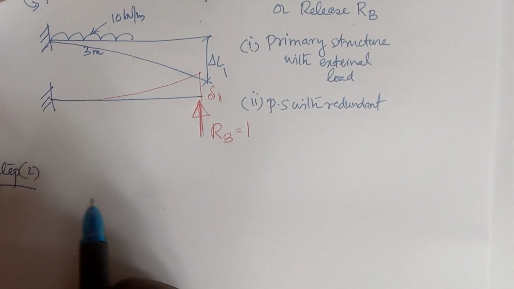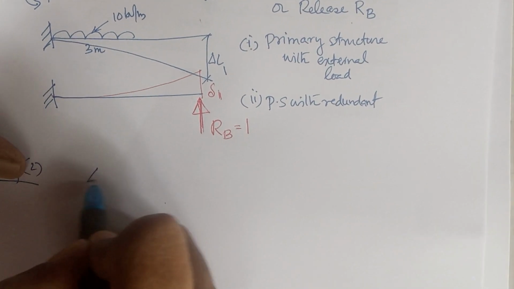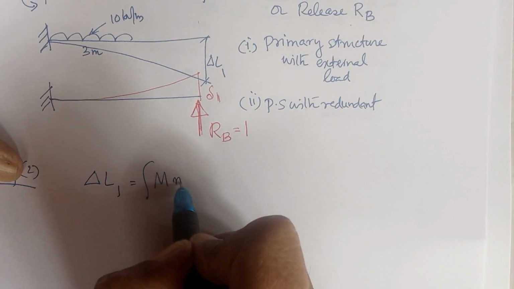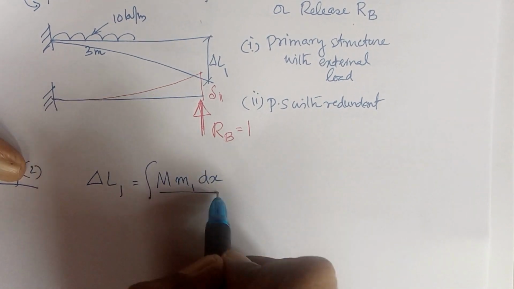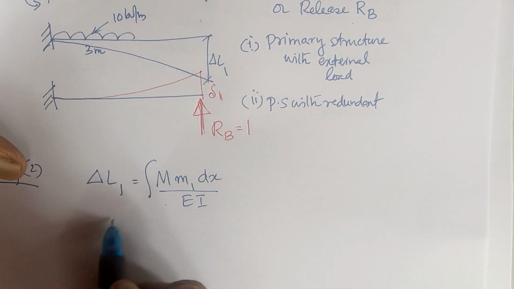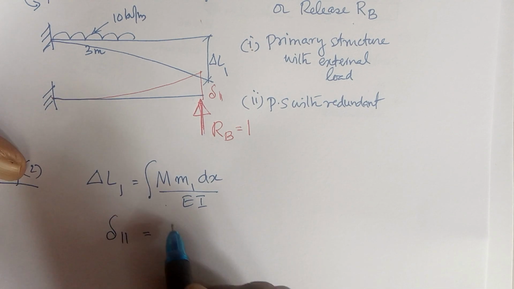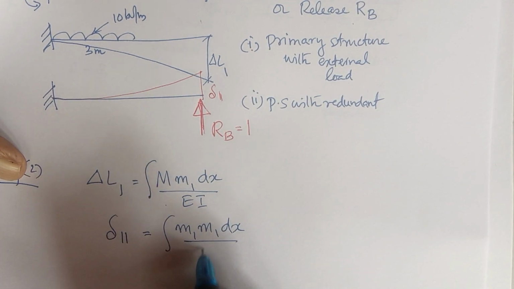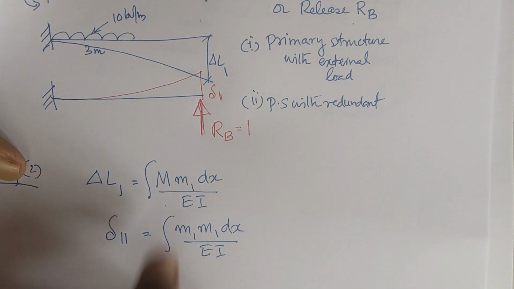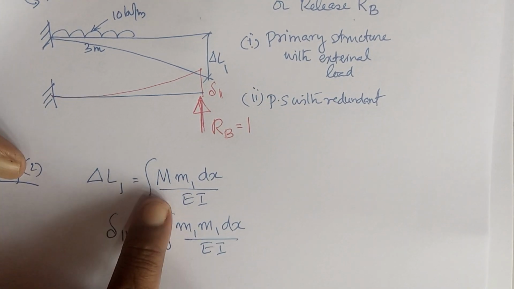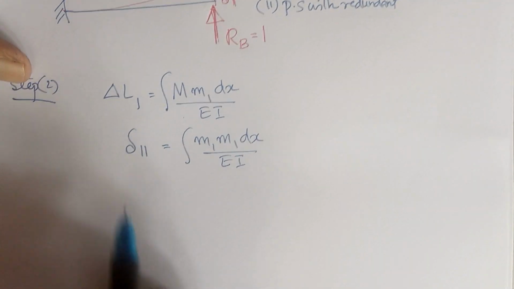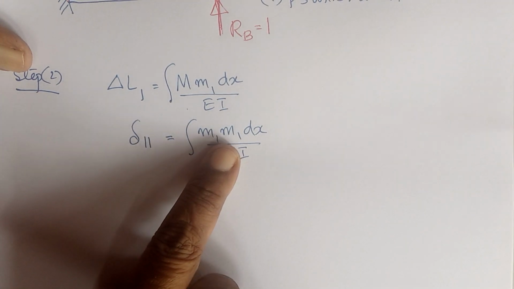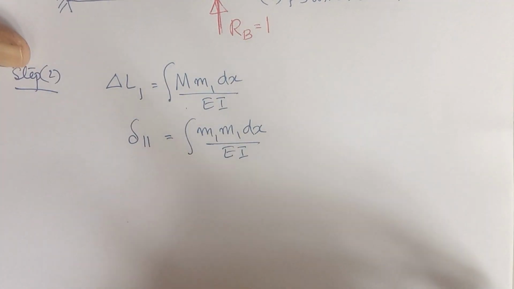For that, the expression is delta L1 = integral M m1 dx by EI, and the deflection due to redundant is delta 11 = integral m1 m1 dx by EI. What is this capital M, small m? We will see. Capital M is the bending moment due to external loading. Small m is bending moment due to the redundant reaction.